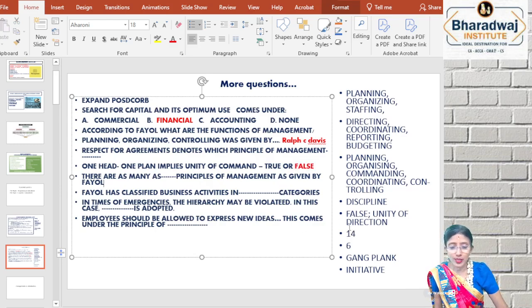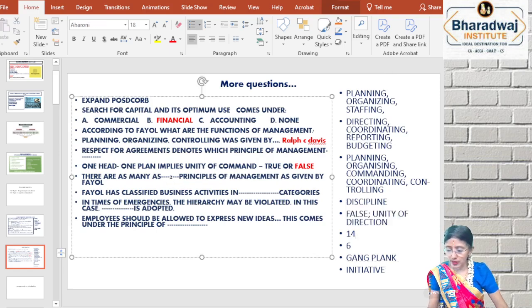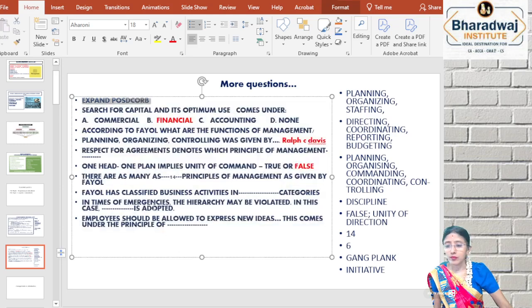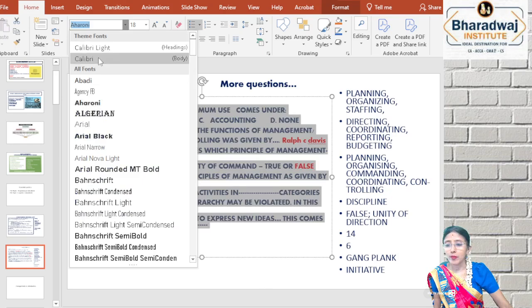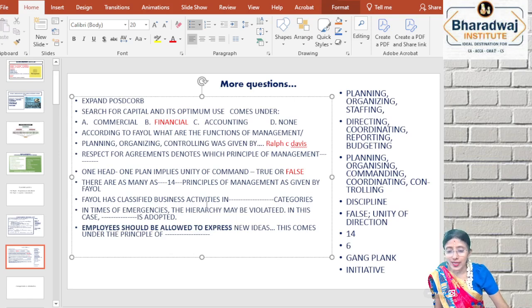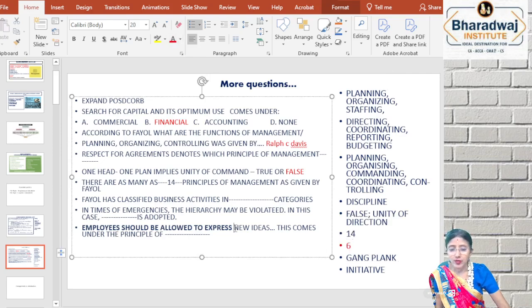There are 14 principles. Fayol has classified business activities into 6 categories. And I think gangplank you all told correctly. When scalar chain is followed every time, during emergencies it will be skipped. Therefore, we have gangplank.